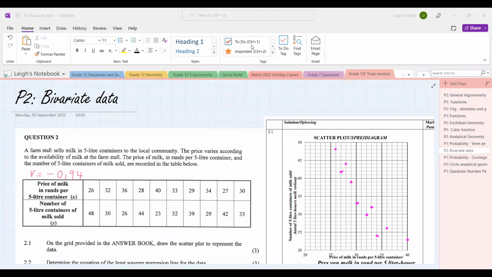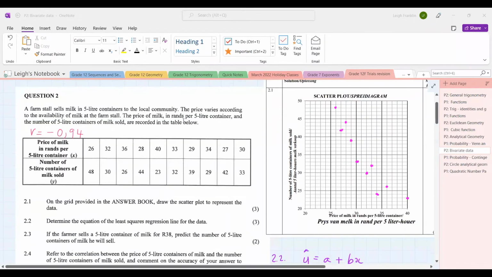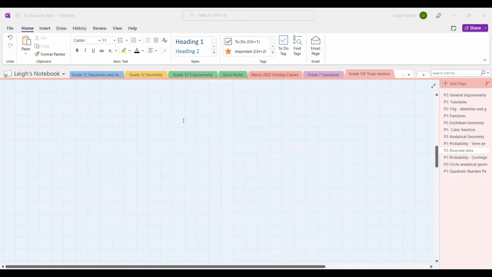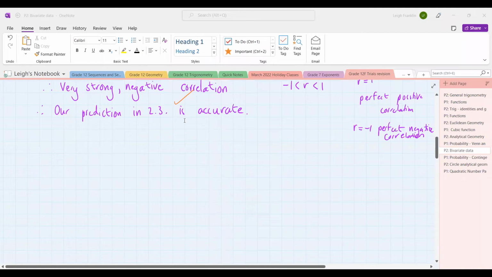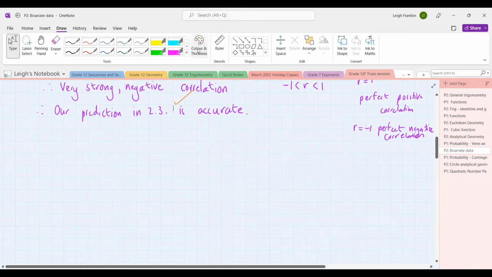Okay, you want to see how we draw the regression line. Okay, all right. I think that's a good thing to go through. Let me just get my pen here. So, how to draw the regression line.